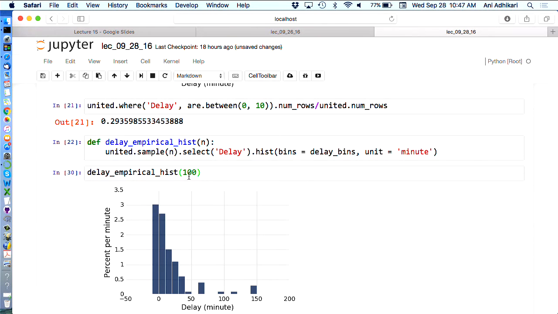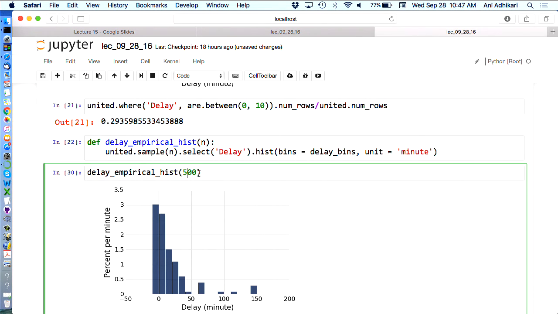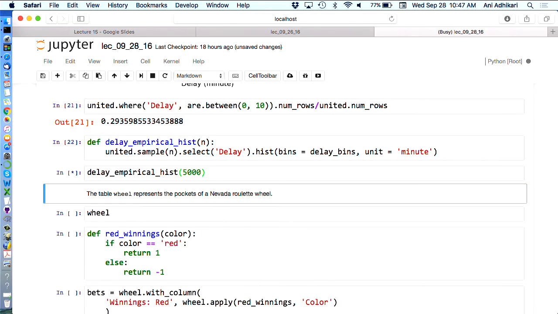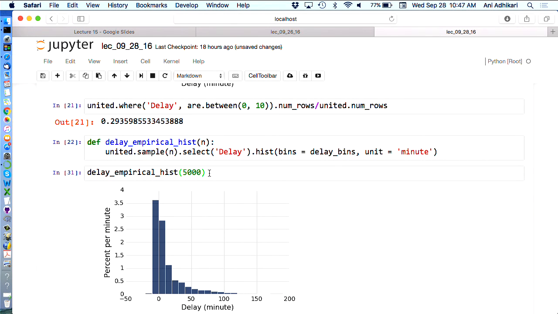If I take instead the sample of size 5,000, like that, run it again, like that. Run it again. You can see it stabilizes. So the larger your sample, provided the sample is drawn at random, the more it resembles the actual population with high probability.